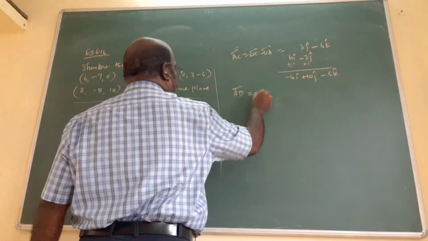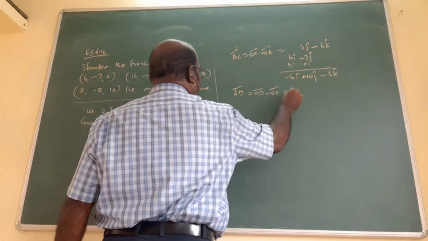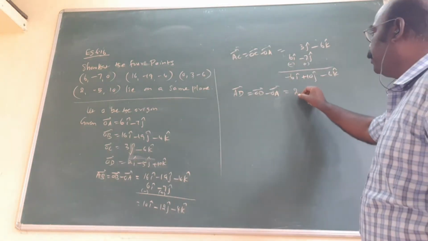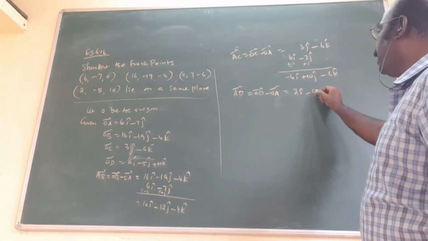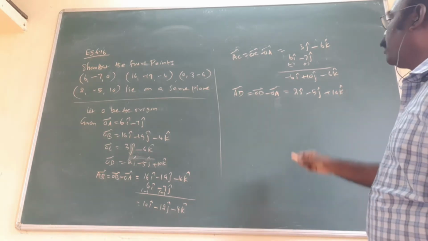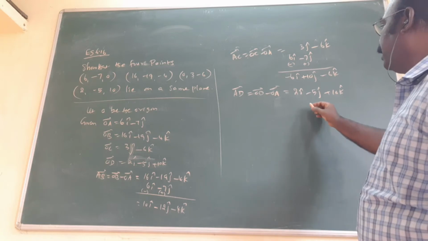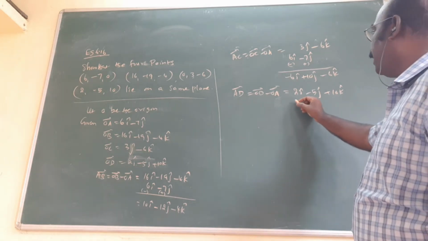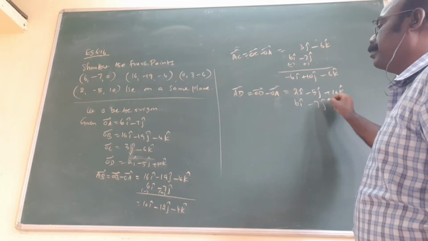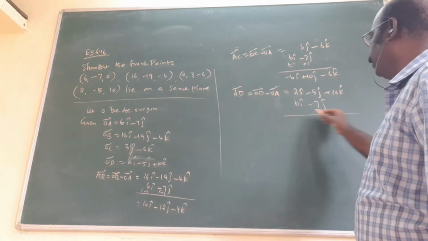AD is what? OD minus OA. OD is what? 2i cap minus 5j cap plus 10k cap. The OA vector is what? 6i minus 7j. Now change sign.